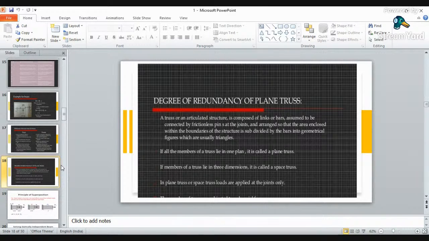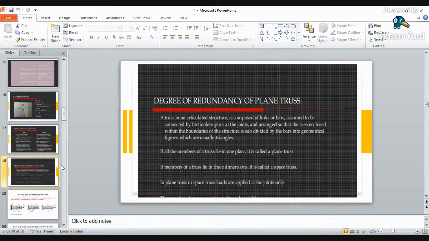Again, the nodes or connections or joints of the members are designed as pin joints, that is hinge joints, so that moment won't be transferred to the members of the truss. All the external loads and reactions will act on the nodes only, because there is no member load, and your truss should be in a plane.